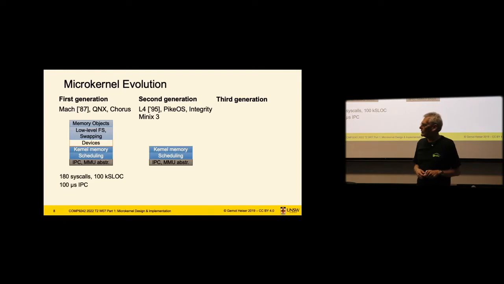Minix 3 happened at about the same time. Pikeware was a commercial clone, originally called P4, of the then L4 version. Green Hills Integrity is also a commercial system from Green Hills that's used in aerospace a lot.